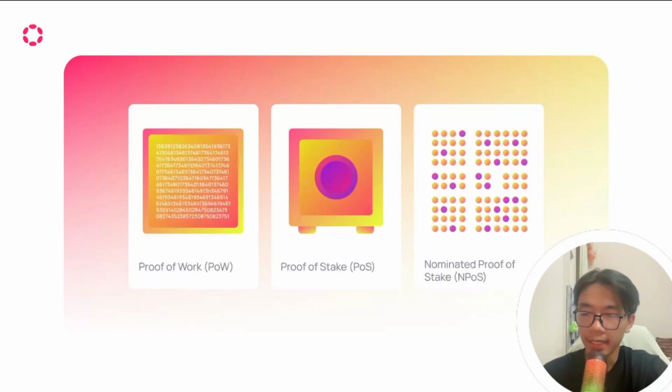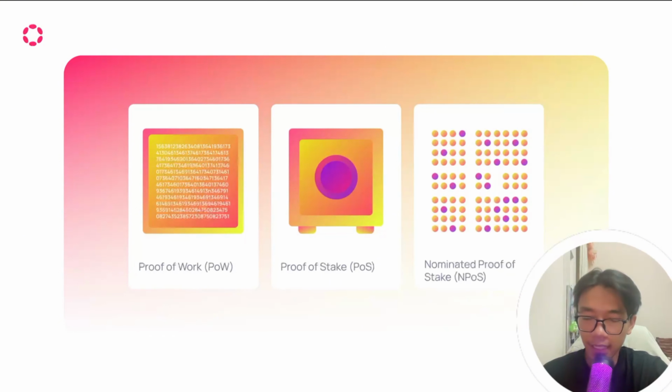In proof of work, all the miners, or the nodes participating in the blockchain using proof of work, become miners, and they mine new blocks by finding the nonce, the secret of the block. When they find it, they produce a new block and they are rewarded with the block reward.